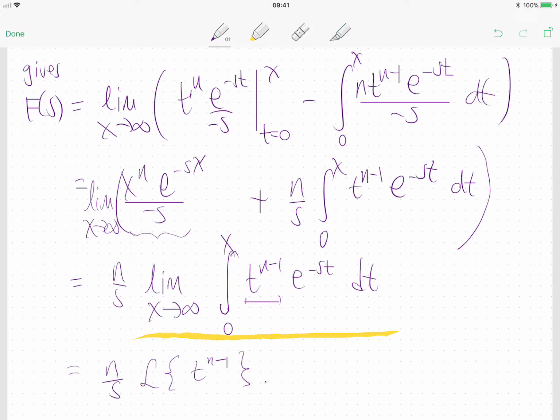Okay, so we don't have a final answer, but we do have something that's quite useful. We have the Laplace transform of t to the n is n over s times the Laplace transform of t to the n minus 1. And this is going to work for all the values of n.